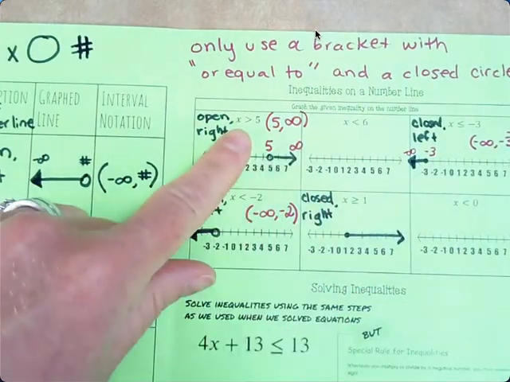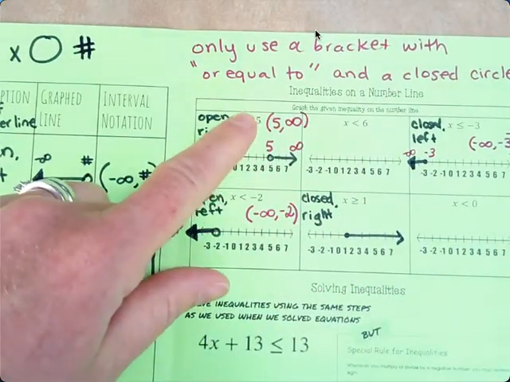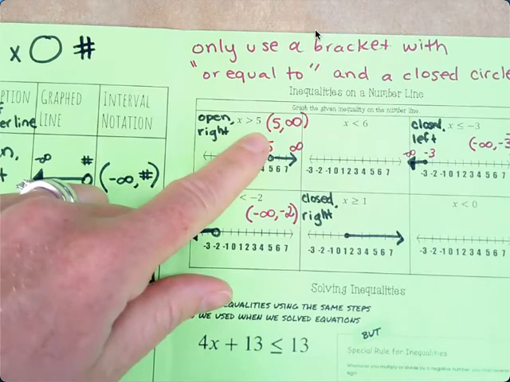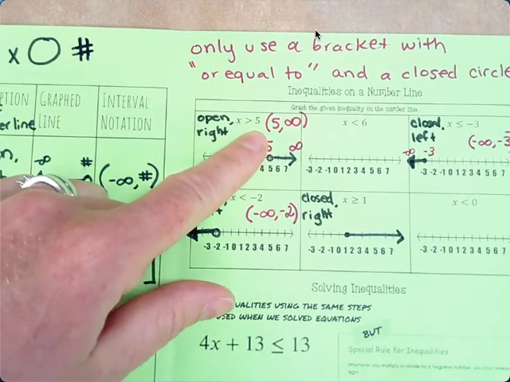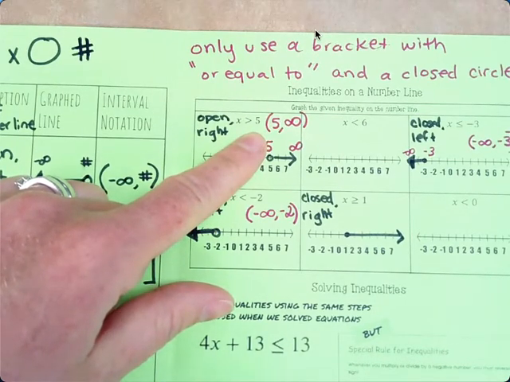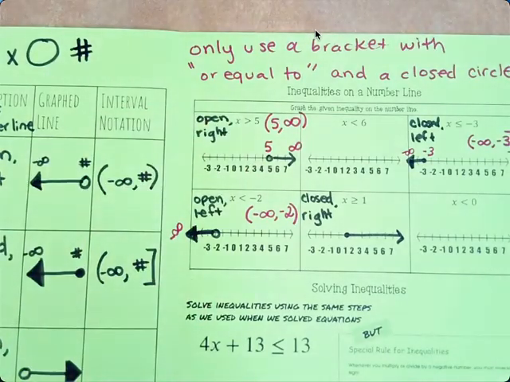So let's say I plug in a number here. Let's say 100. 100 is greater than 5. Is that true? Yes. You've got to think about it for a second. 100 is greater than 5. So we have from 5 to infinity are the possible numbers that x can be.